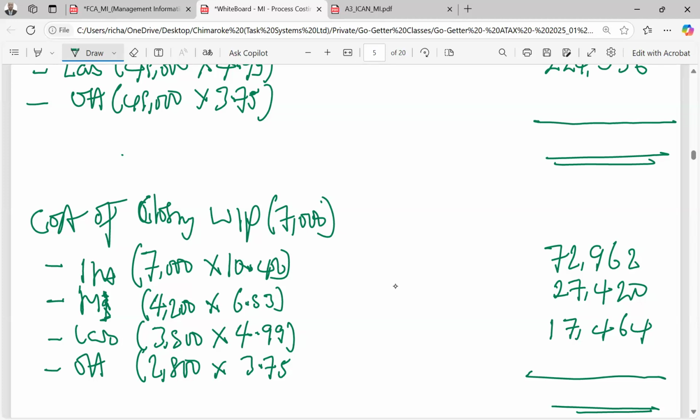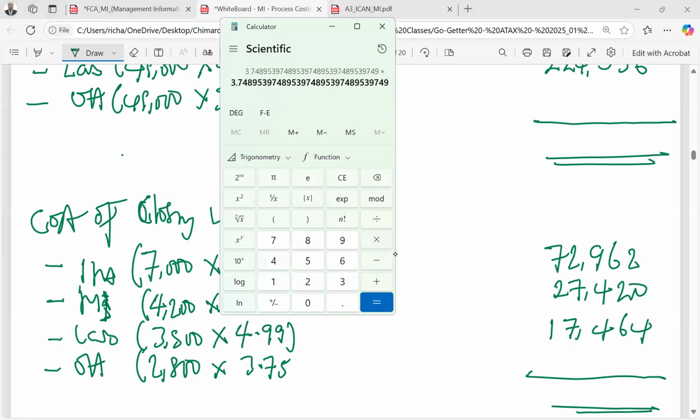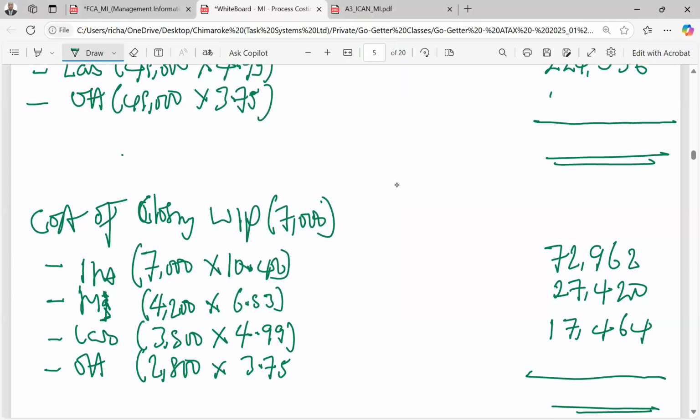We use it to multiply by 45,000. 168,703.